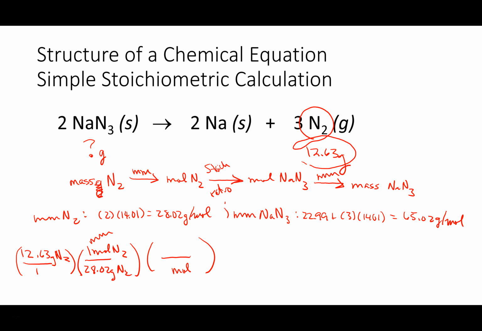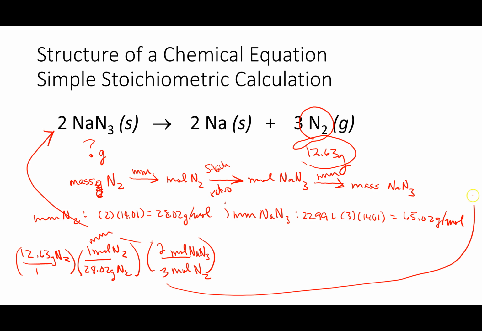So I'm going to put mole of N2 down here, and mole of NaN3 up here. So what goes here, these two? 2 to 3. Yep, I'm liking 2 to 3. Everybody see where those came from? The 2 came from here, and the 3 came from here.